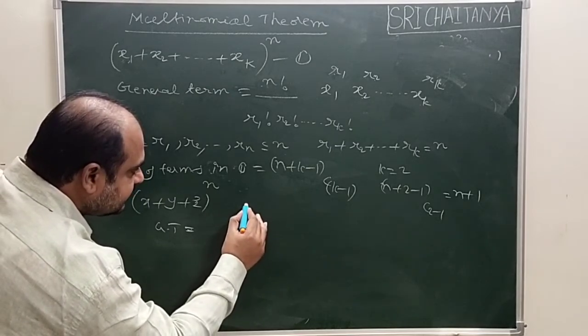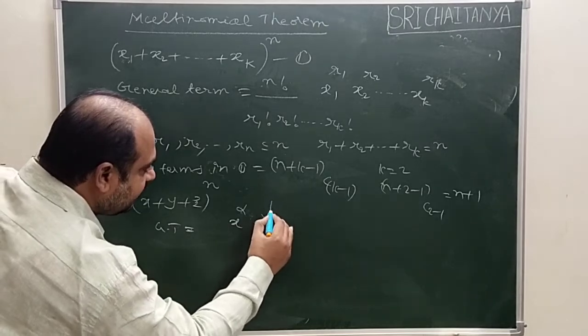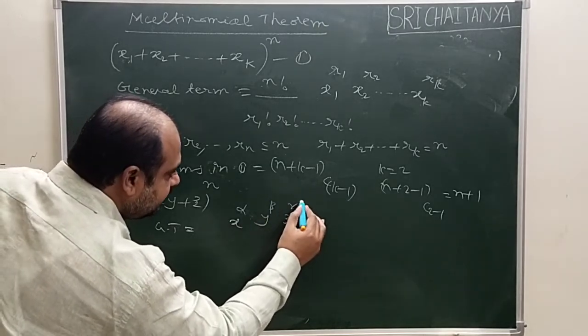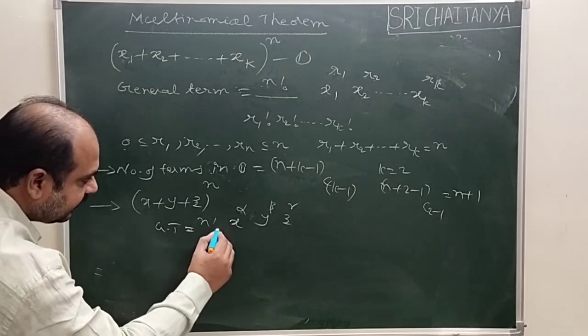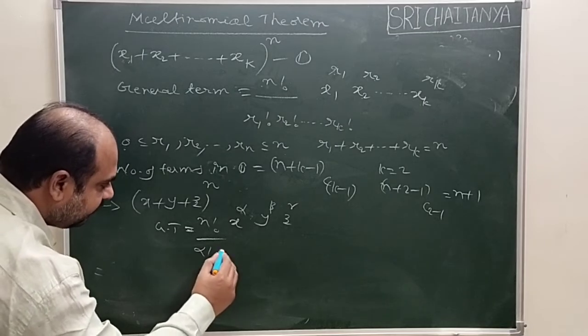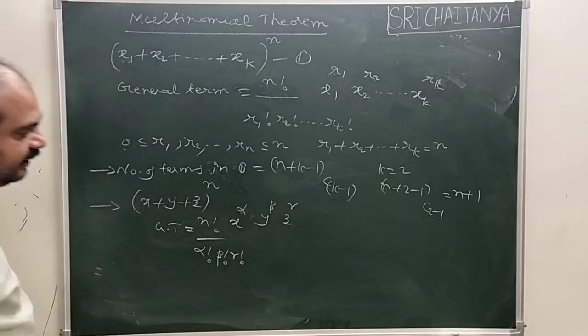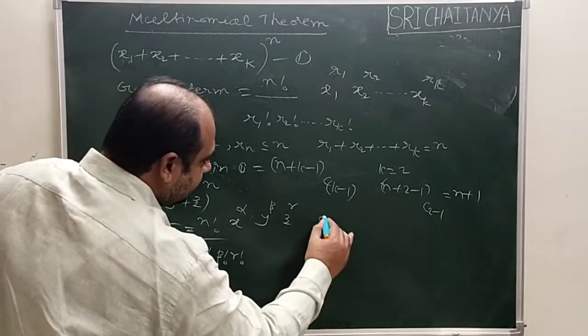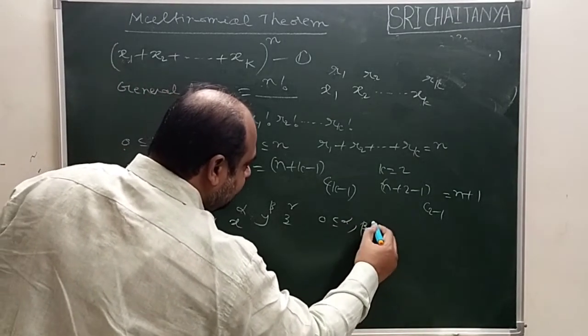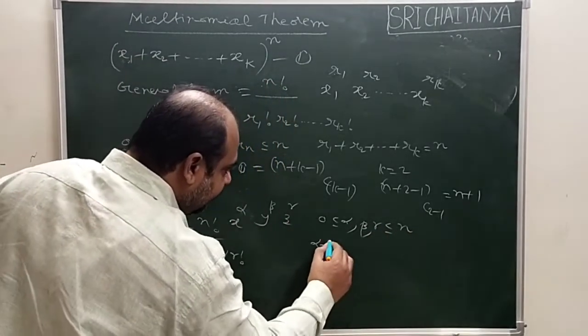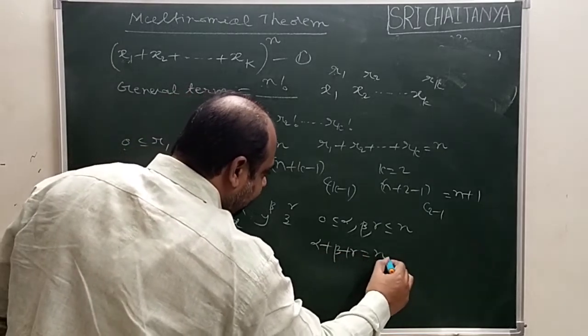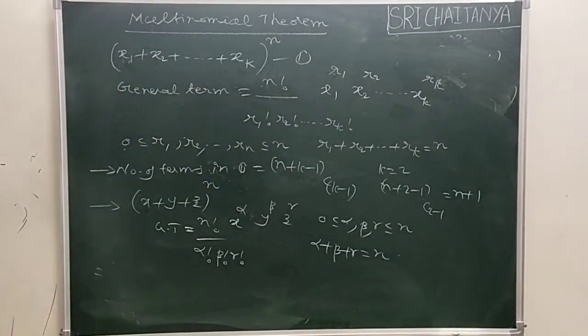If 3 are there, I will raise to alpha, beta, gamma; I will always use alpha, beta, gamma, though you can also use r1, r2 like that. So before that, n factorial divided by alpha factorial into beta factorial into gamma factorial. Therefore alpha, beta, gamma lie between 0 and n, and alpha plus beta plus gamma must be equal to n.